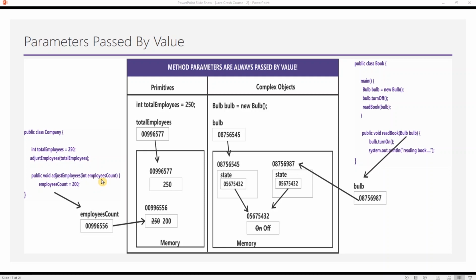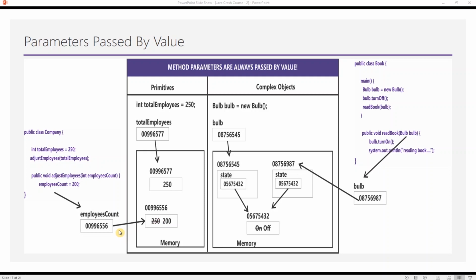But since Java adheres to the pass by value principle, a new implicit variable is created by the JVM with the same name as the parameter name, and it further goes on and initializes this local copy of the variable with the actual value taken from the passed-in reference.